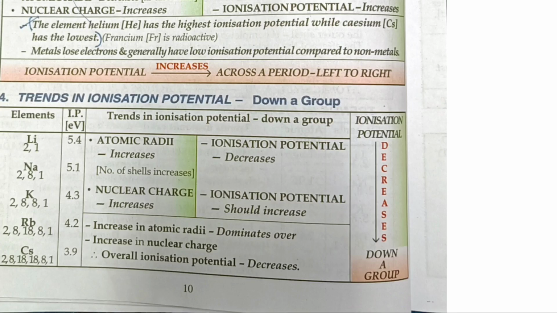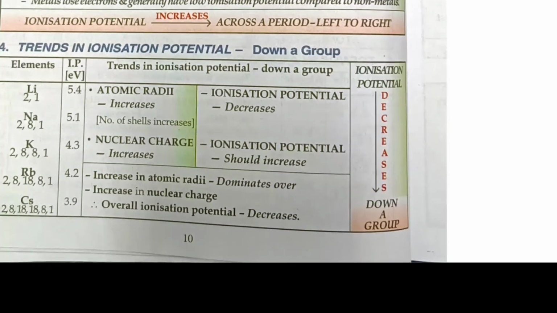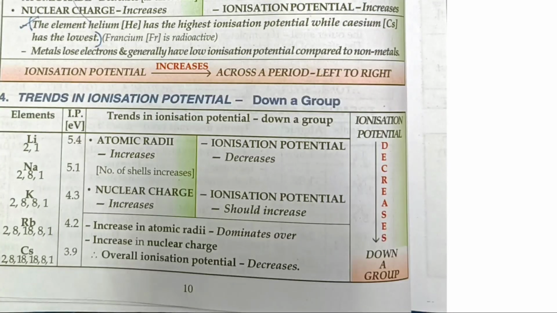Nuclear charge increases, so ionization potential should increase. But compared to the atomic radii factor, the nuclear charge factor is less, or we can say the atomic radii factor is more predominant. Because of that, atomic radii increases and ionization potential decreases down the group. The increase in atomic radii dominates over increasing nuclear charge.